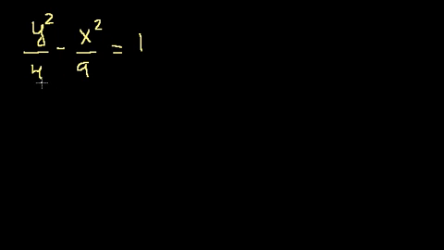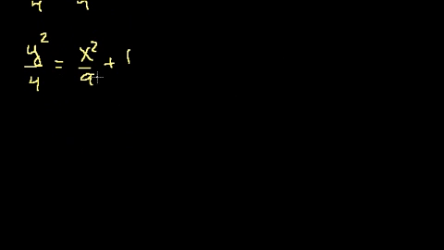And once again, I always forget the formulas, and I just try to solve for y and see what happens when x approaches positive or negative infinity. So if you solve for y, you can add x squared over 9 to both sides, and you get y squared over 4 is equal to x squared over 9 plus 1.